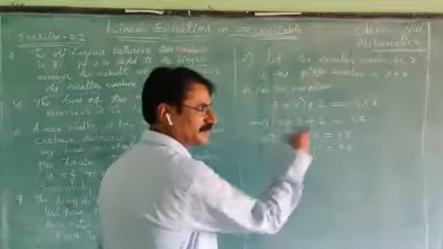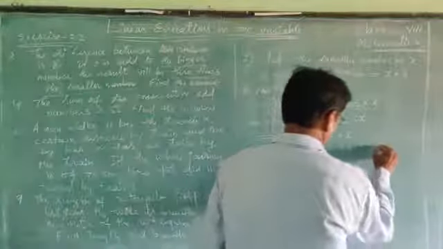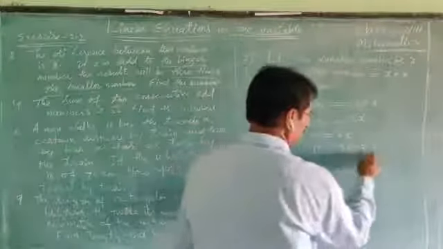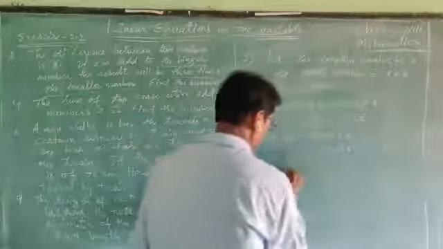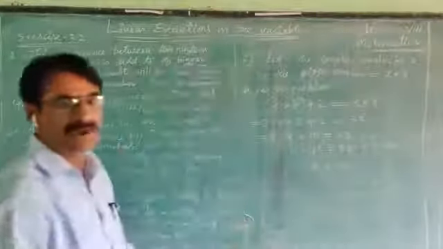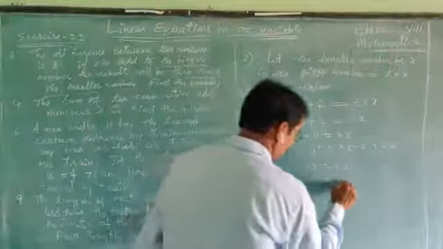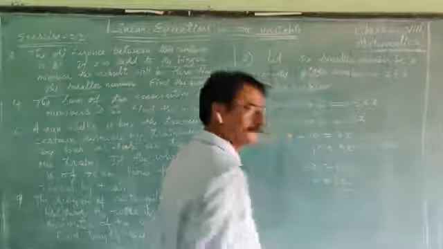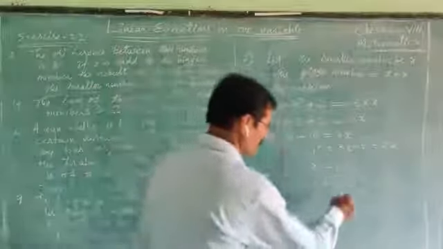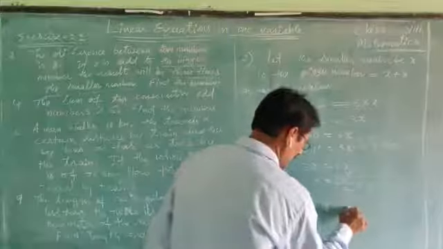When we send this x to that side, it becomes minus x. 3x minus x equals 2x. Therefore, we got 2x equal to 10. Then x equals 10 by 2, which is 5. So x equals 5.